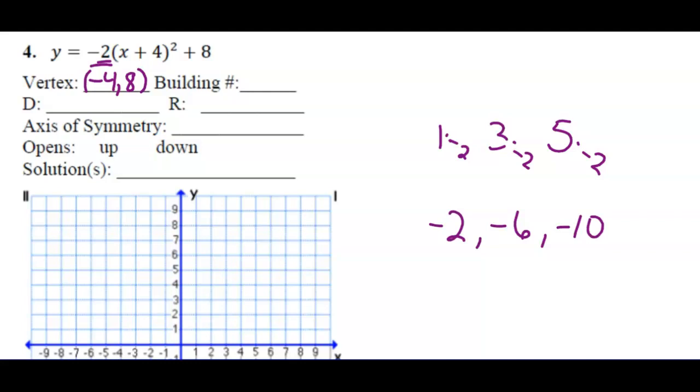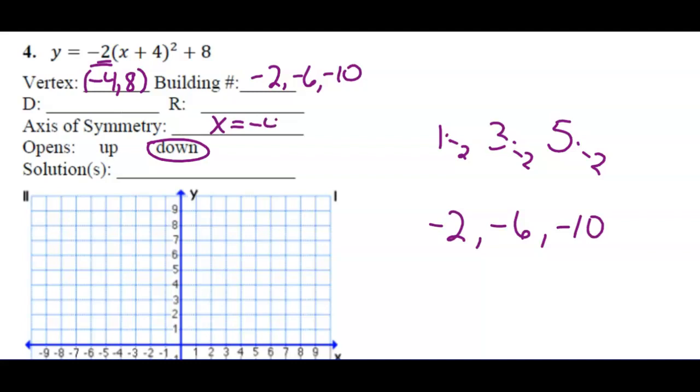The x value always has to turn to the opposite. We already did the building numbers: -2, -6, -10. Can we open up or down? Down. Where's my axis of symmetry? This is negative. What's my axis of symmetry? x equals what? -4.